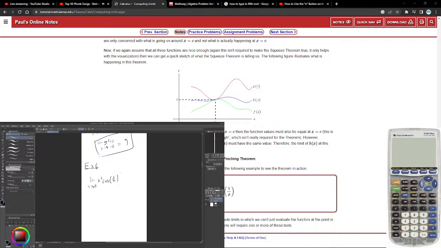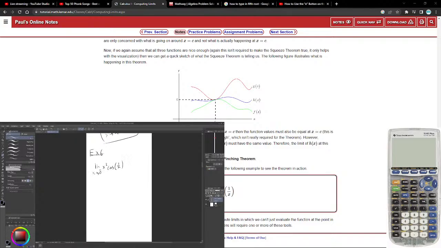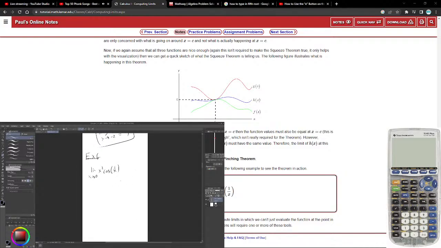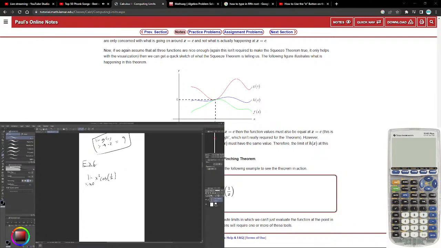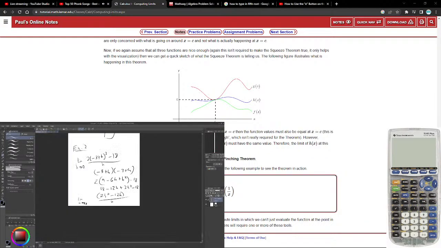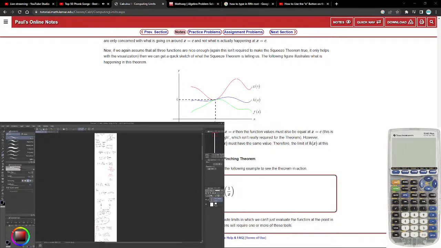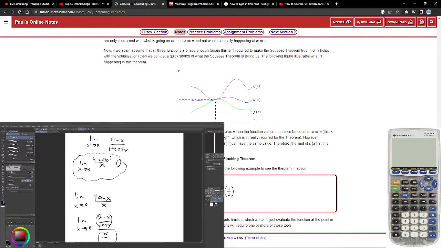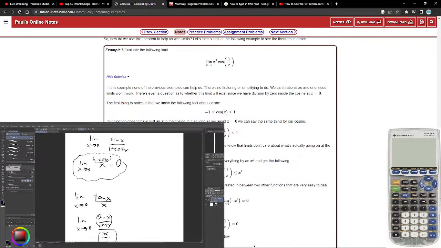For this example, none of the previous examples can help us.